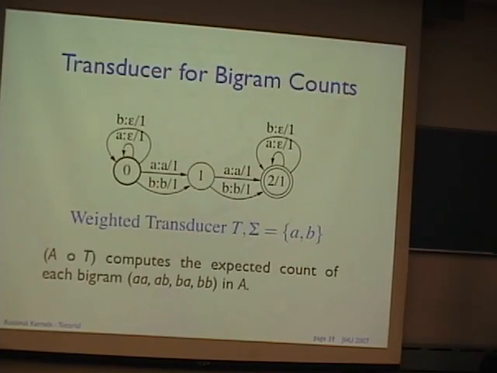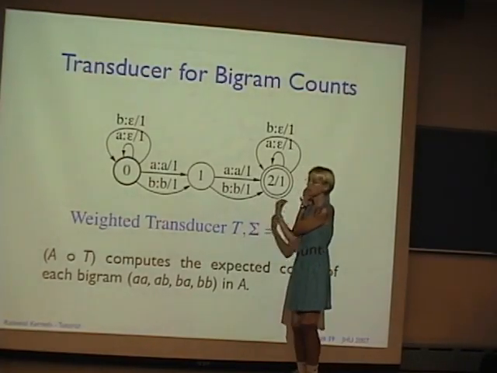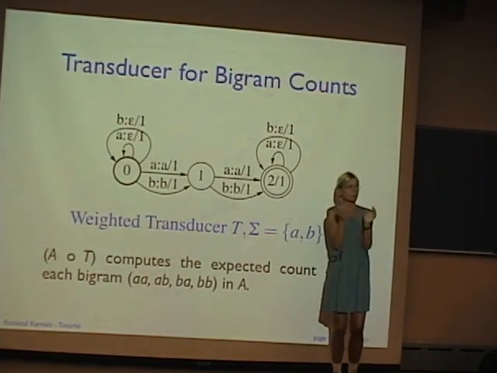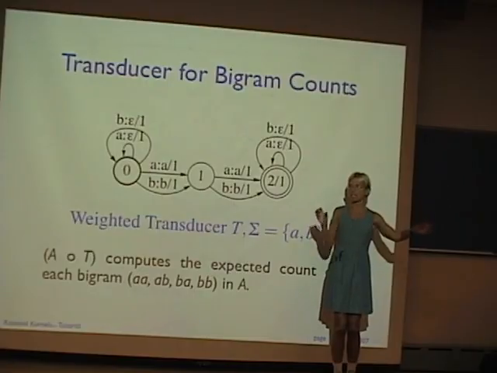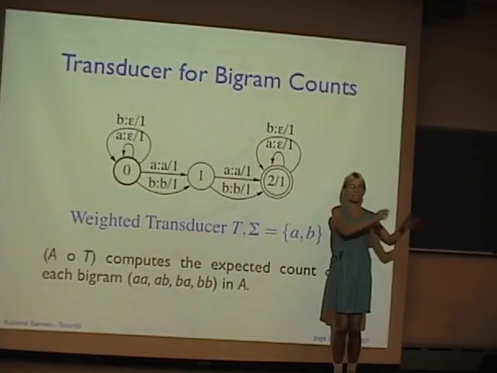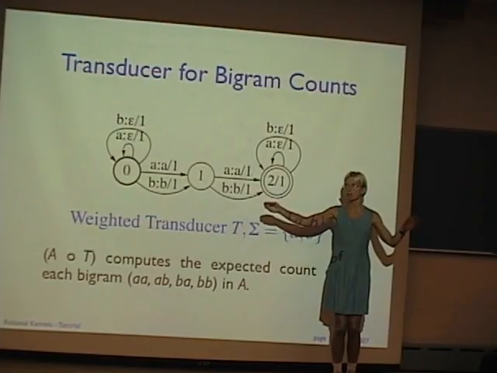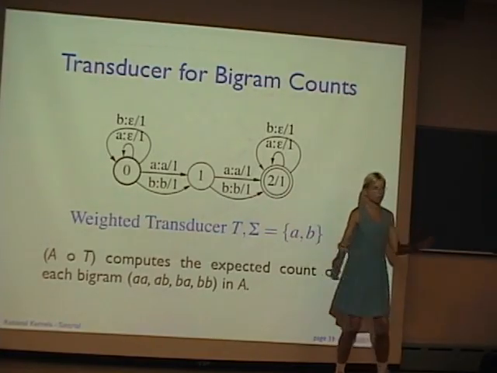Let's go back to the example that we had before. This was the one that counts the occurrences of bigrams in the stream. Say now that maybe the two parts do not have to be right next to each other. We can have an A here and an A here, but we'll skip a number of symbols in between, and pay a penalty, a gapped n-gram.